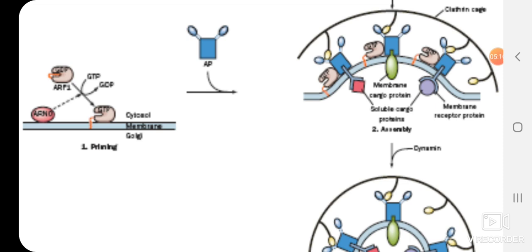So ARNO helps in the exchange of the guanine nucleotide, that is GDP with GTP, and then activates the ARF. This activated ARF, sorry, yesterday I was telling, has a myristyl group, which is a hydrophobic chain through which it grows itself into the plasma membrane, where exactly the formation of the vesicle is going to be required.